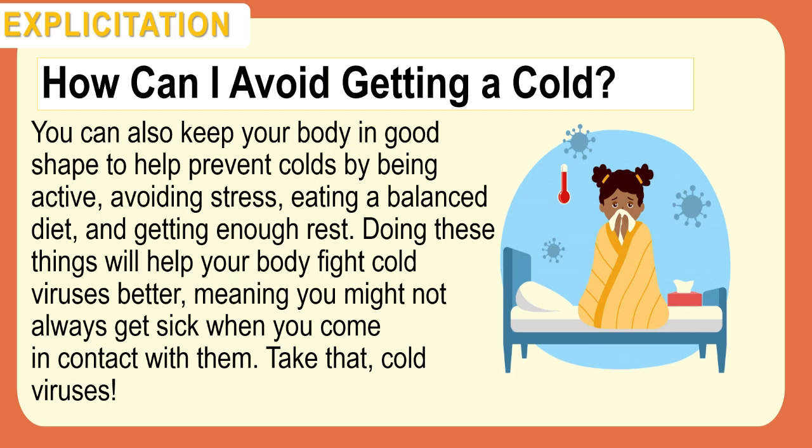You can also keep your body in good shape to help prevent colds by being active, avoiding stress, eating a balanced diet, and getting enough rest. Doing these things will help your body fight cold viruses better, meaning you might not always get sick when you come in contact with them. Take that, cold viruses.